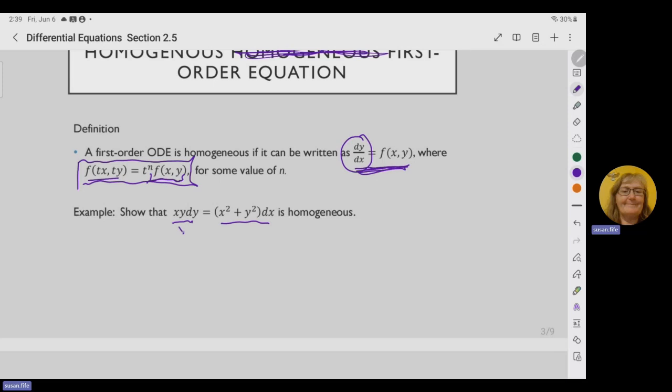I'm going to start by dividing both sides of the equation by xy and by dx, so that this equation becomes dy over dx equals x squared plus y squared over xy, and those dx's will cancel. So in this case, our function of x and y is x squared plus y squared over xy.